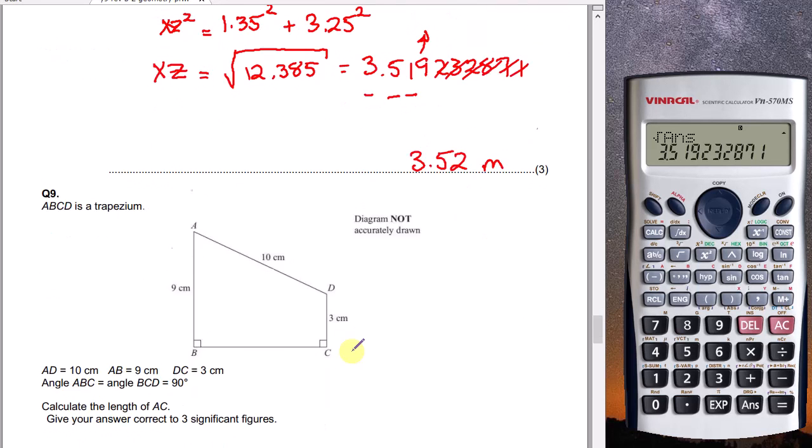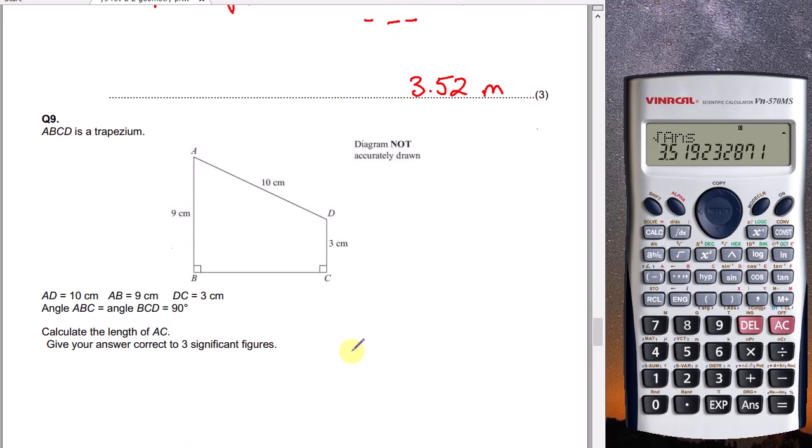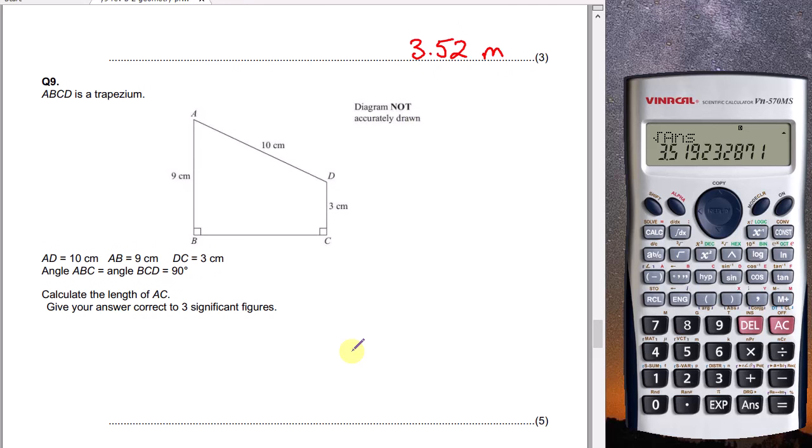Okay, so now into this last one where we've got to do the trapezium. We want to find the length of AC. So that's this diagonal length here. Now to get that length, I need to know what BC is. And BC is the same as a length across here. So I'm going to give a point X, and XD equals BC.